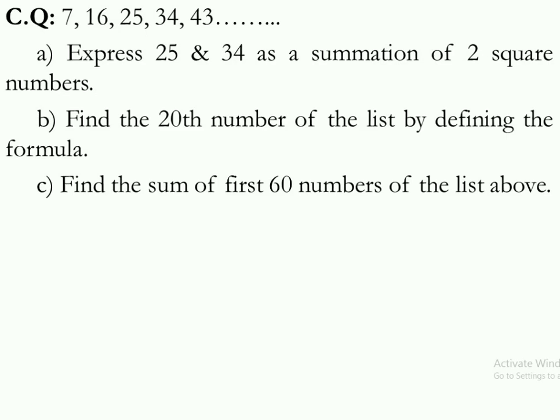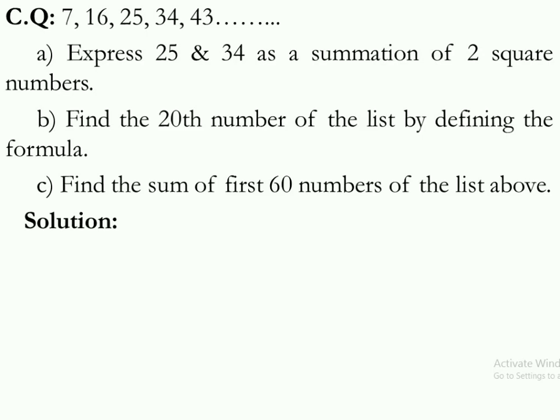Let us start from question number A. In question number A, we have to find the sum of two square numbers, for 25 and 34. Two different square numbers, obviously.